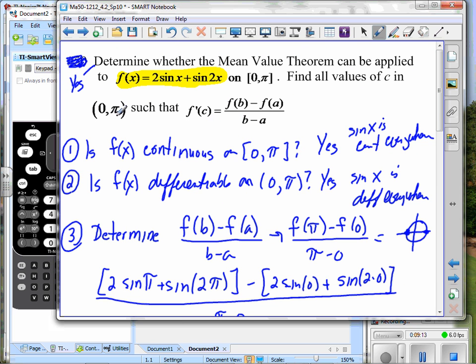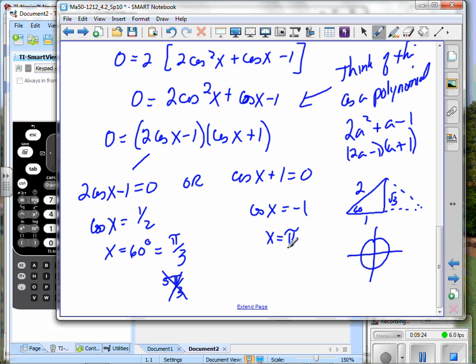It doesn't include it, right? It means it does not include pi. It comes as close to pi as you want, but it does not include pi. So can we include this one? No. So this is not in the interval, the open interval from 0 to pi.